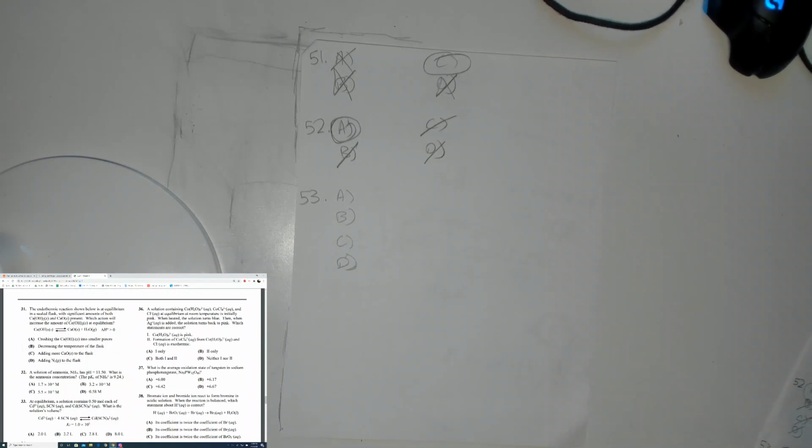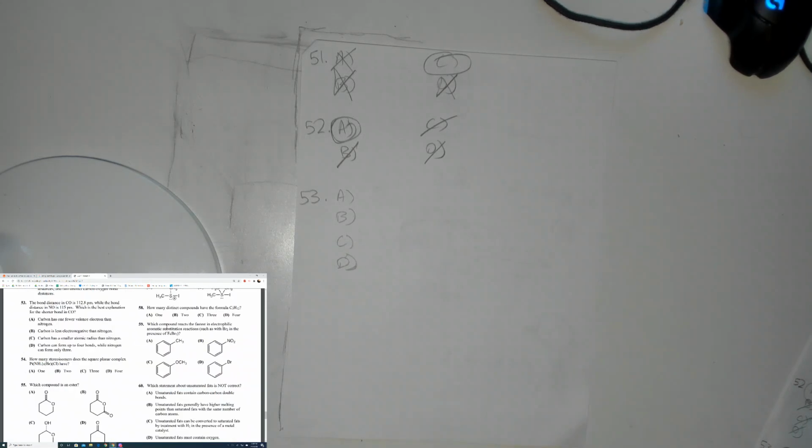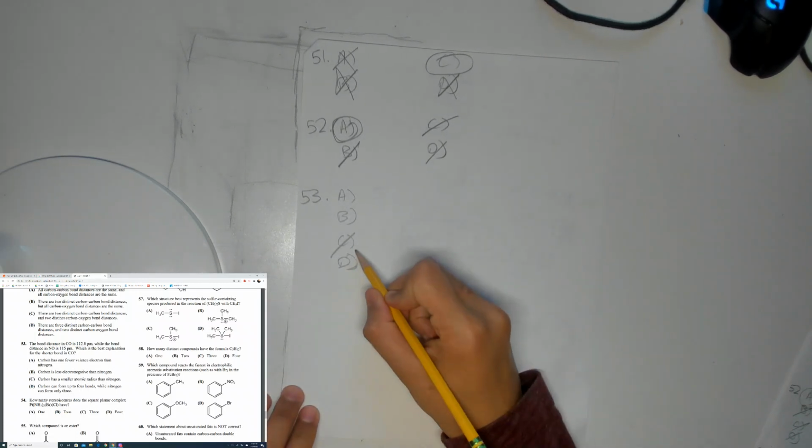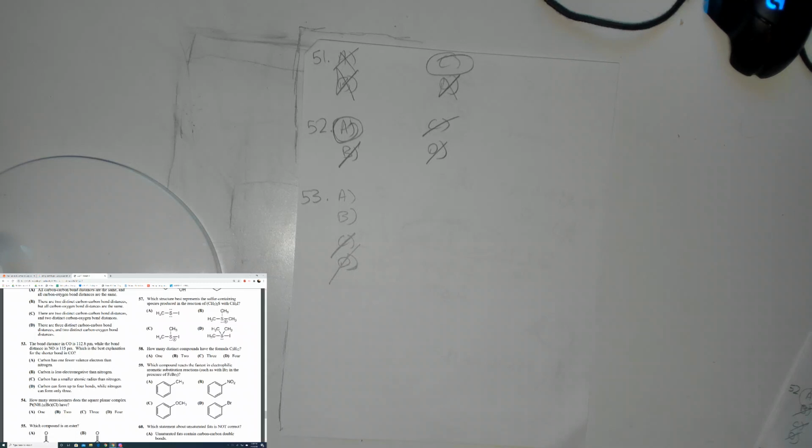So nitrogen is the smaller atom, so C's out. D: carbon can form up to 4 bonds, while nitrogen can form up to 3 bonds. No, I don't think that matters. Carbon is less electronegative than nitrogen. No, that's really irrelevant in this.